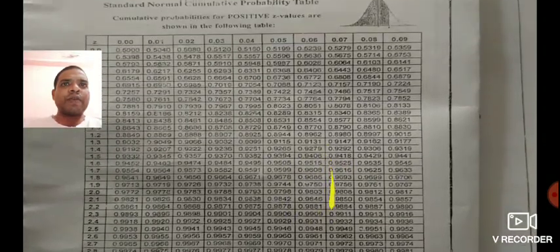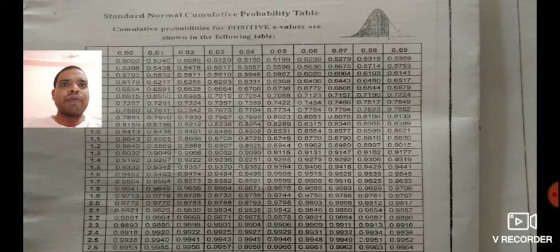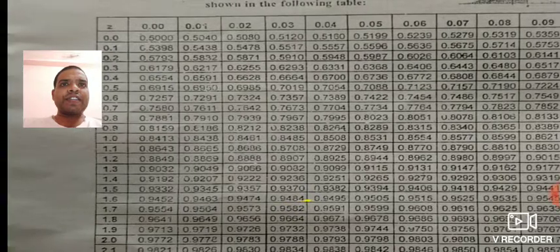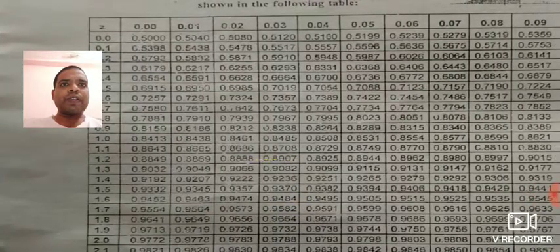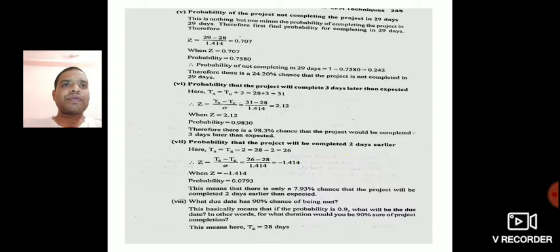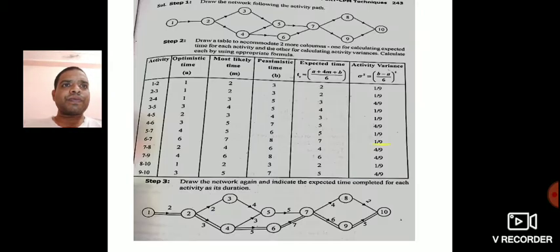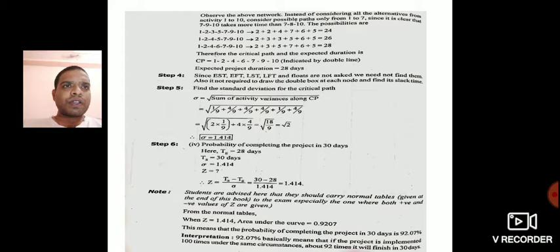Please check the Z value: 1.4, and then 1.414.